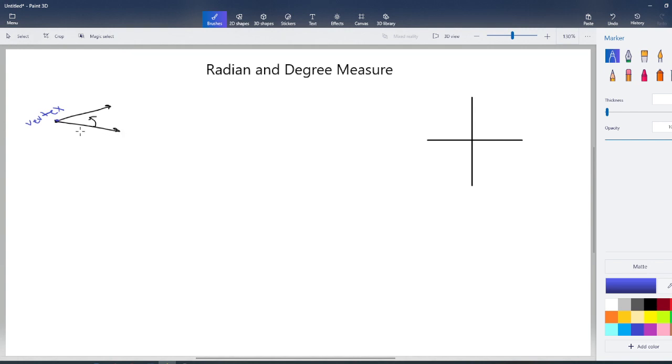This side where the angle starts is called the initial side. Initial meaning starting. And then this side where the angle ends is called the terminal side. Terminal meaning ending.